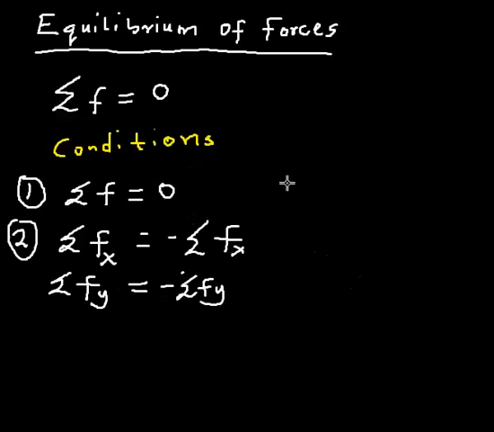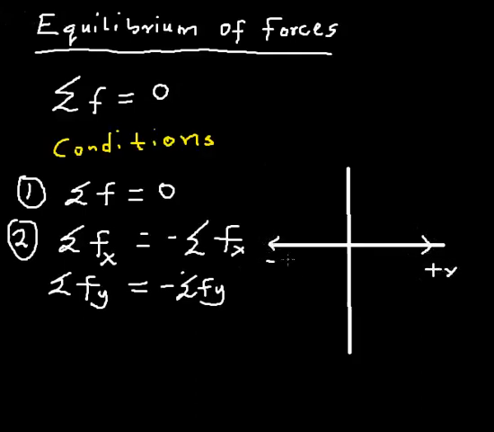To illustrate that, let's say I have a vertical axis and of course a horizontal axis. You know very well that I can use arrows to show that this is positive x, then this is negative x.